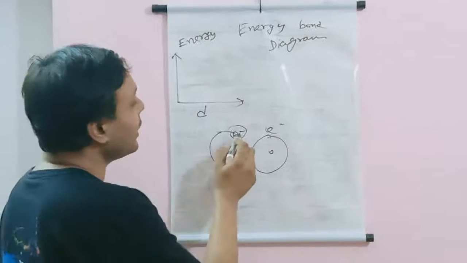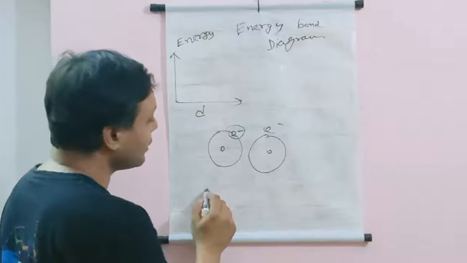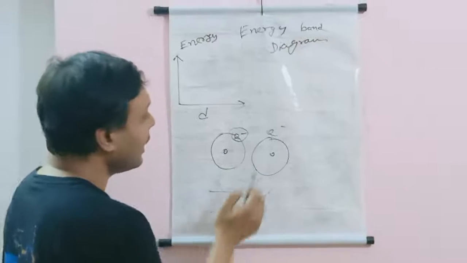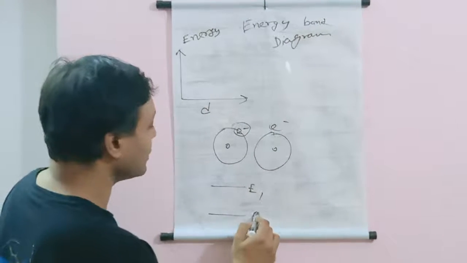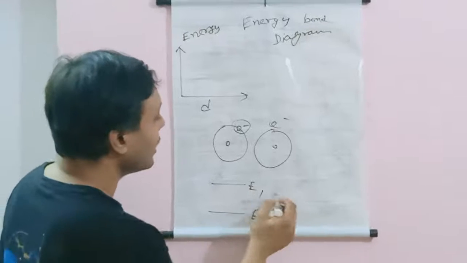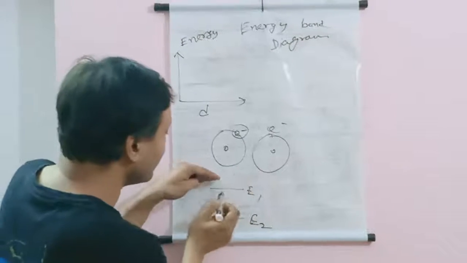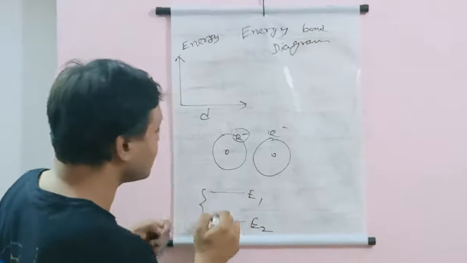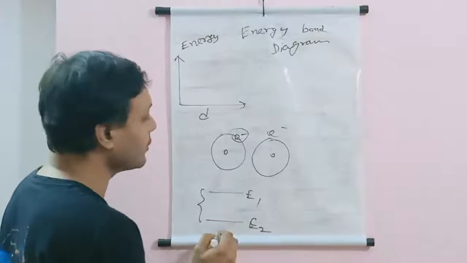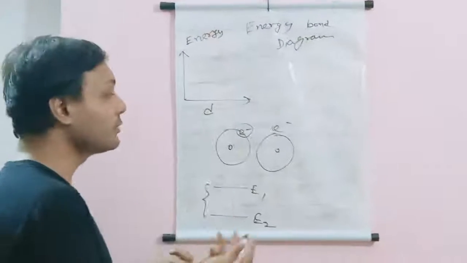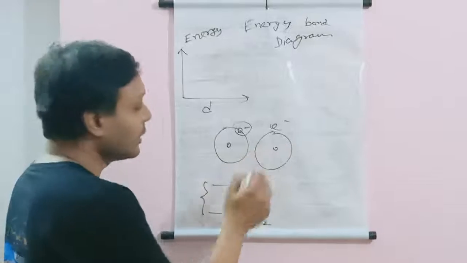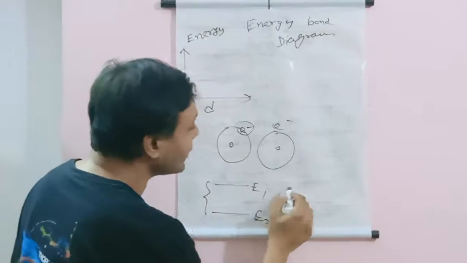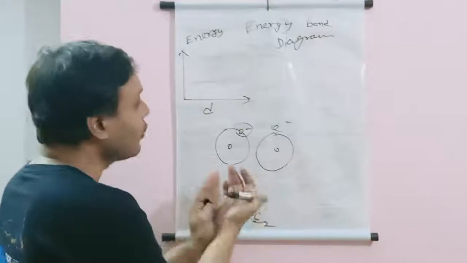Suppose it has a certain energy level E1, and because of the other atom comes E2, it interacts and the two energy levels split into two different energy levels. Because you know from Pauli's exclusion principle, two electrons cannot exist at the same energy level when they come very close to each other. Because of that it splits.